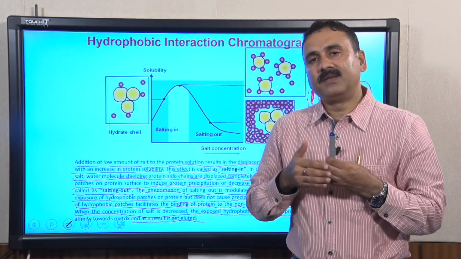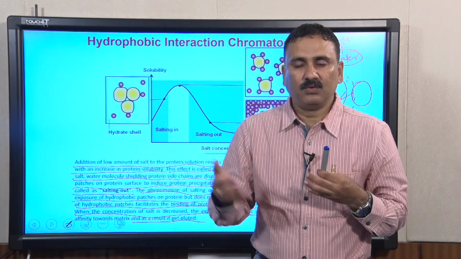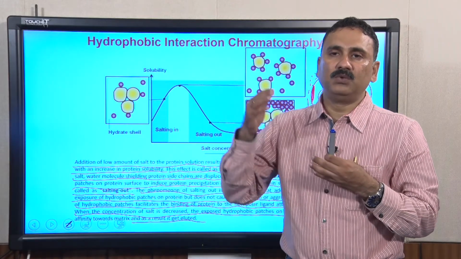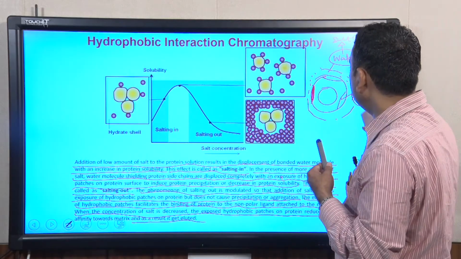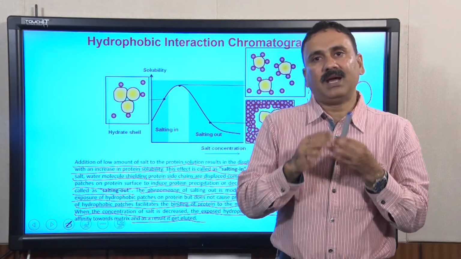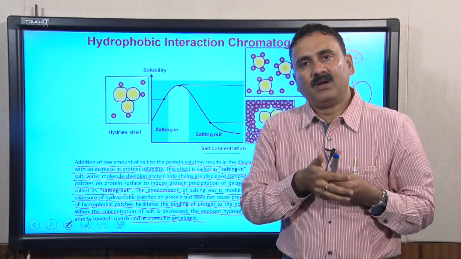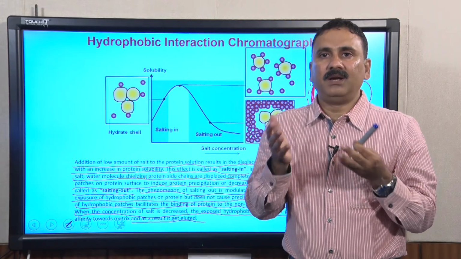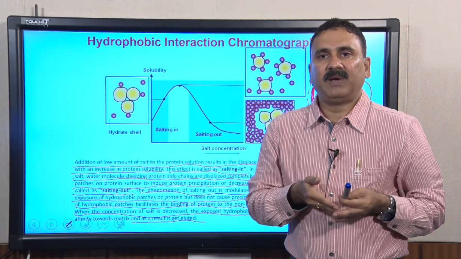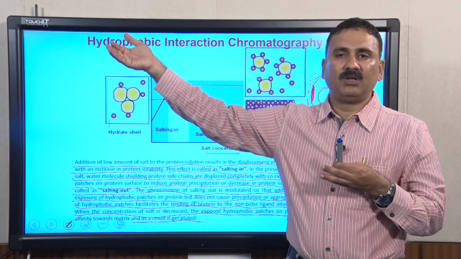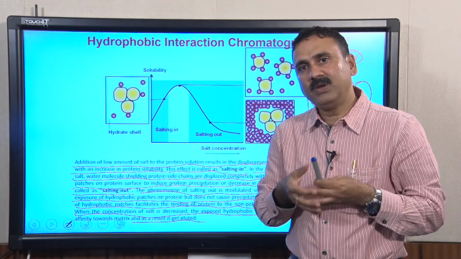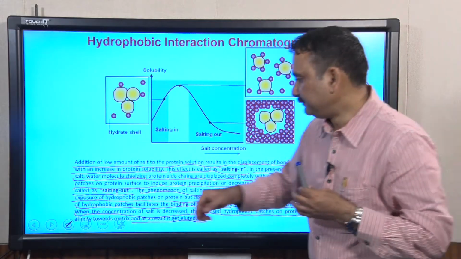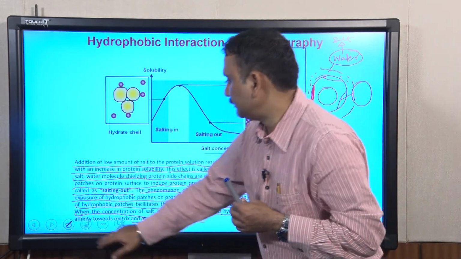Once you do the washing, after washing you can reduce the salt. Once you reduce the salt, you bring the hydration shell back, and that is going to protect the patches, and the interaction between the hydrophobic patch and the ligand present on the matrix is going to be broken, and that is how your protein is going to elute from the beads.